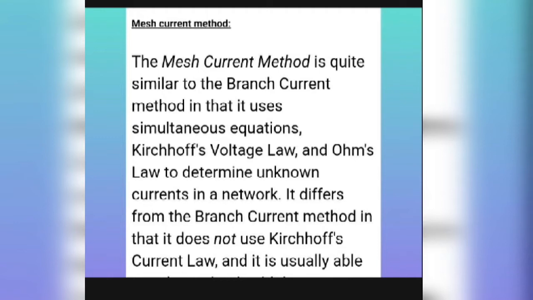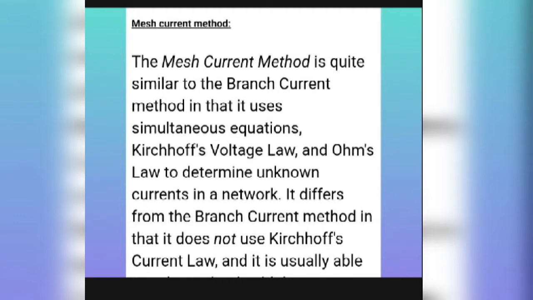The mesh current method is quite similar to the branch current method in that it uses the simultaneous equations of Kirchhoff's voltage law and Ohm's law to determine the unknown currents in a network.